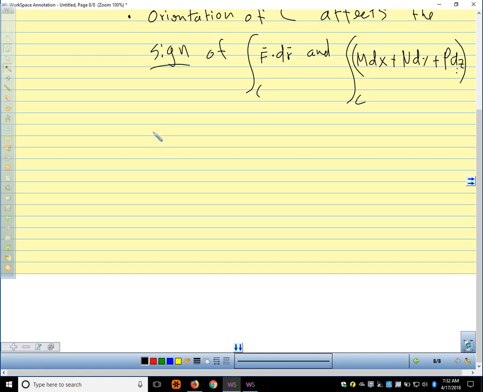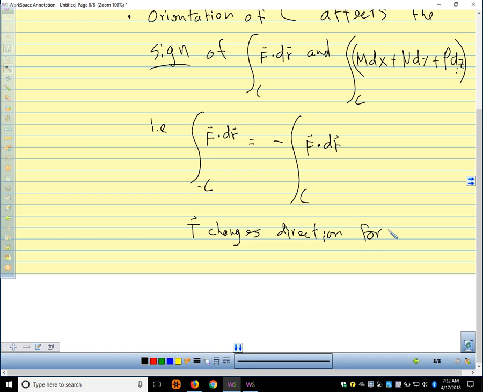Specifically, the integral of f dot dr going the opposite direction is the negative of the integral going in the positive direction. And the reason is that the unit tangent vector T changes direction for an opposite orientation.